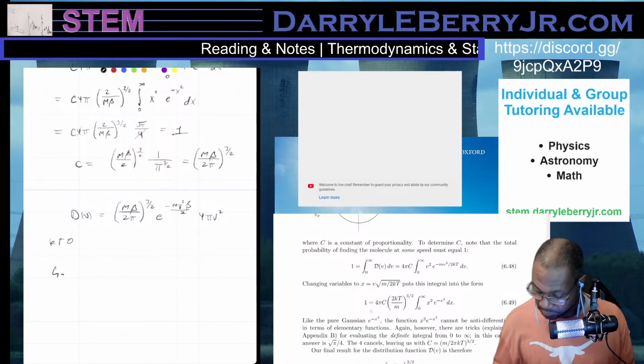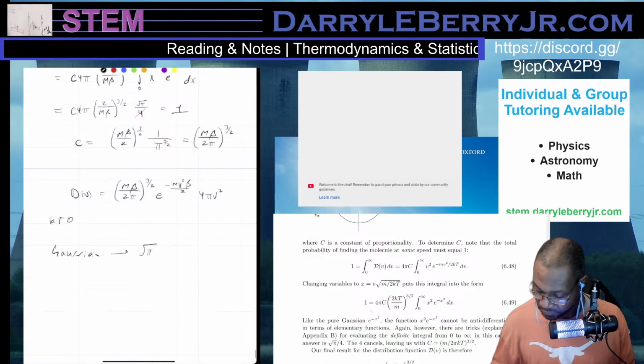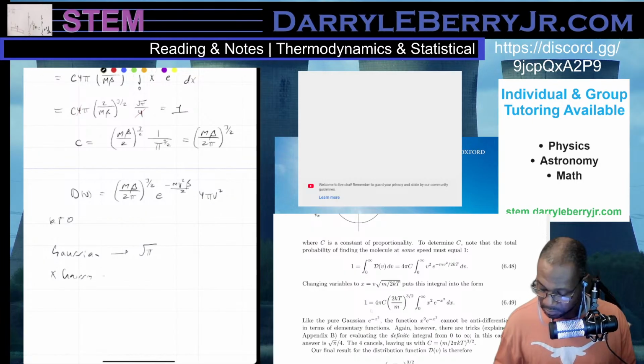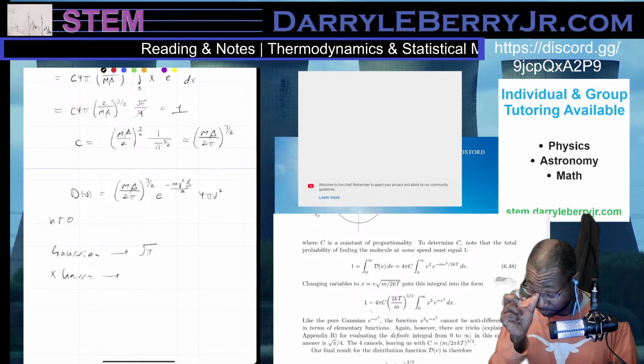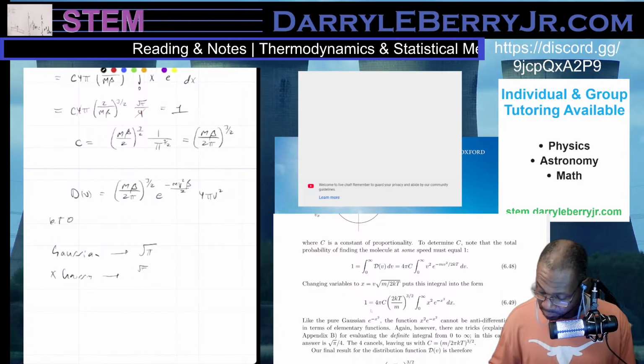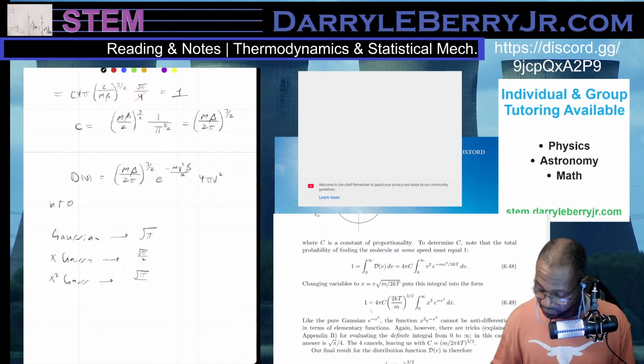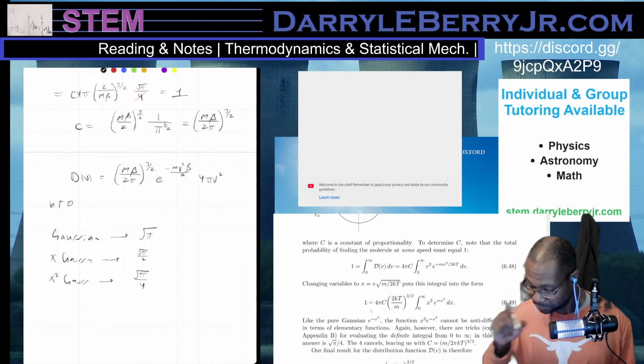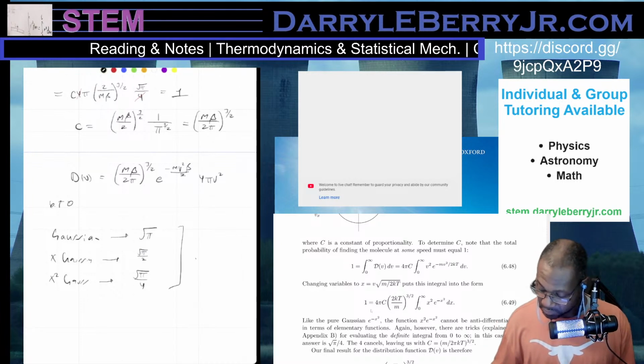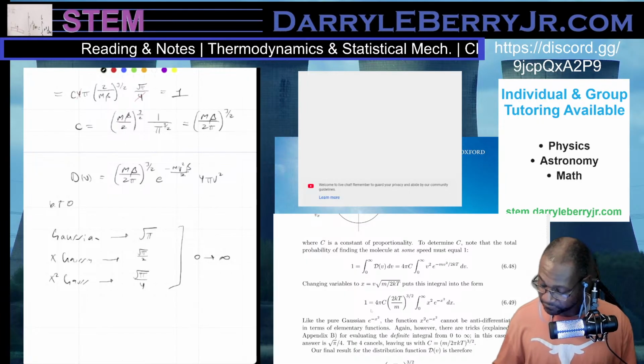So as a note, hopefully we don't have to do Gaussians on the exam, but Gaussian is square root of pi, x Gaussian, square root of pi over 2, x squared Gaussian, square root of pi over 4. This is from 0 to infinity.